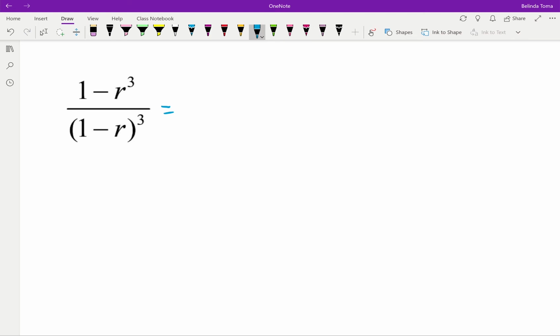So I'm going to use the factor pattern that we learned for the difference of cubes. I'm going to use 1 minus r because the cube root of 1 is 1 and the cube root of r to the 3rd is r. And then I'm going to use 1, opposite sign, 1 times r is r, always positive, r squared. So that's the factored form of my numerator.